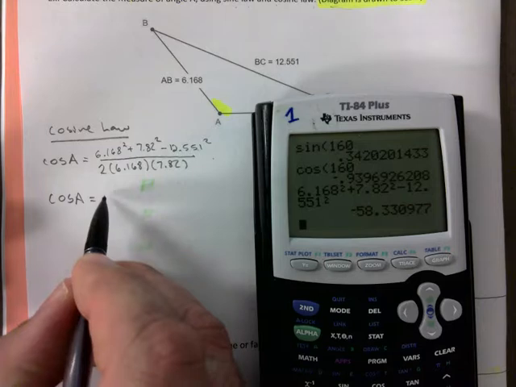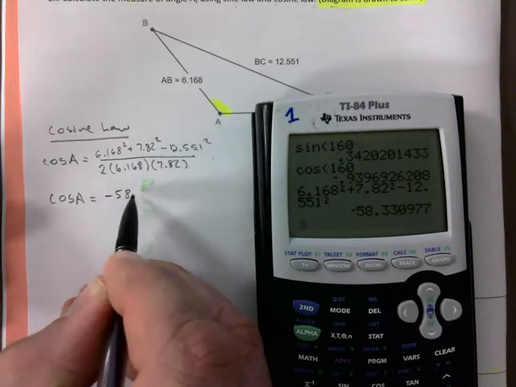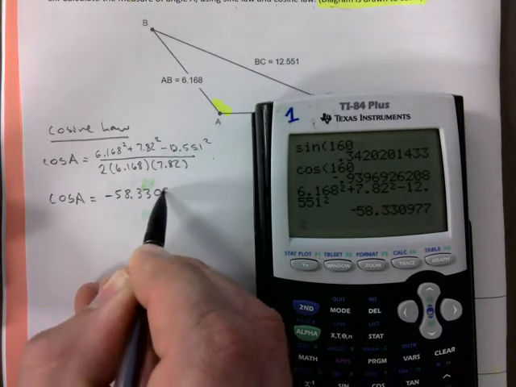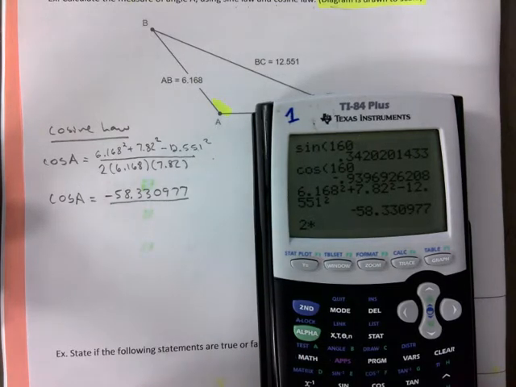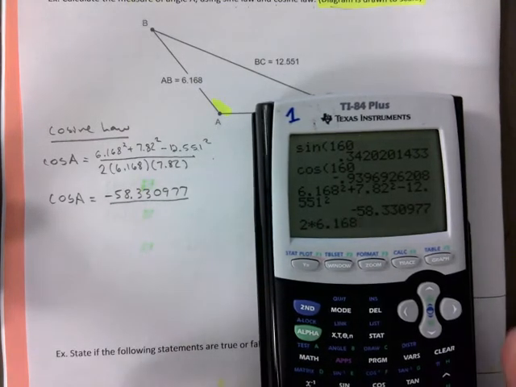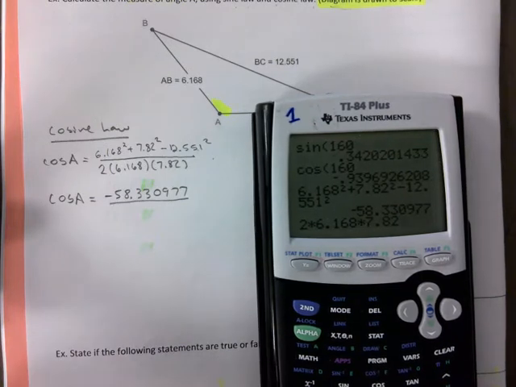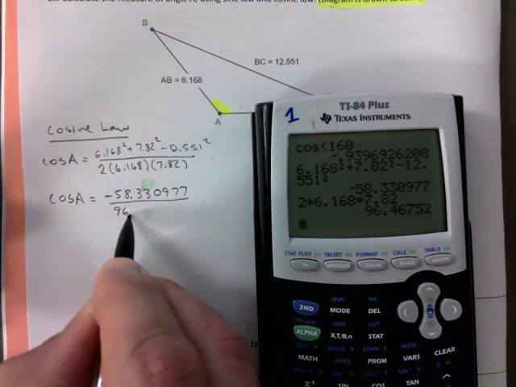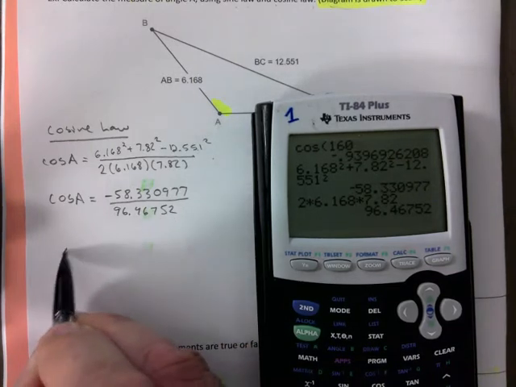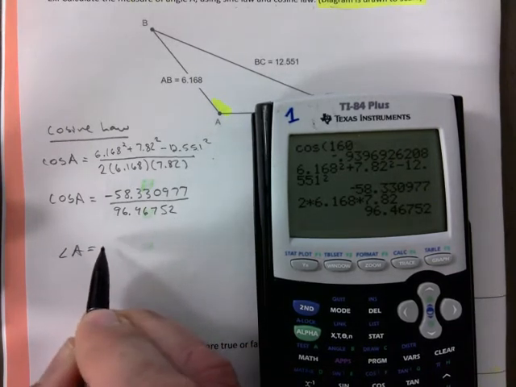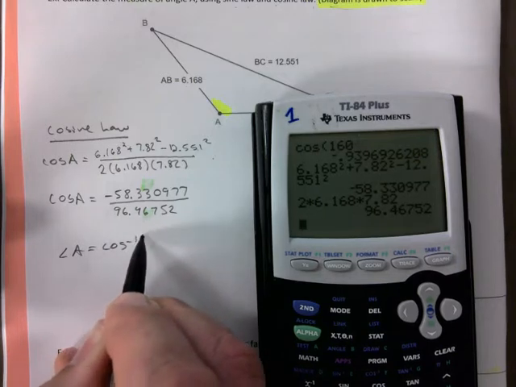So the top is negative 58.330977. And the bottom is this. And I'm going to go cosine inverse.